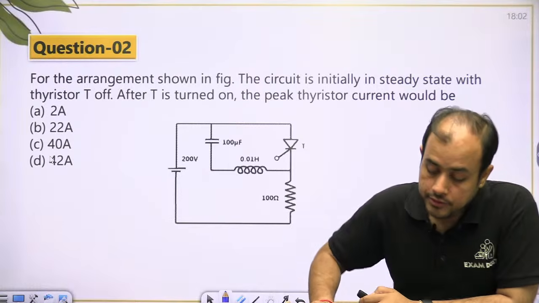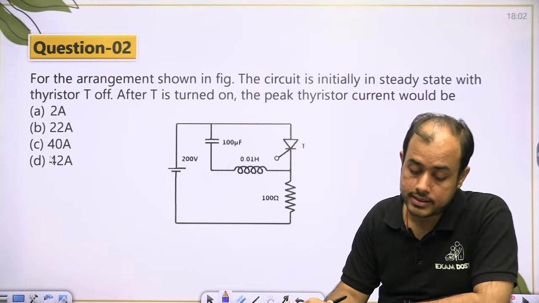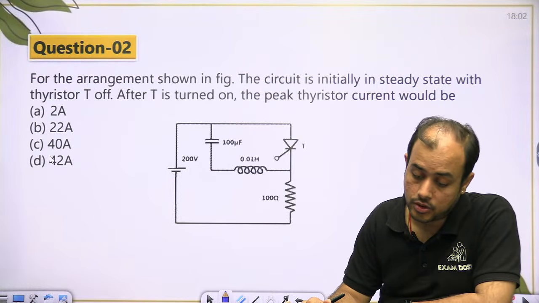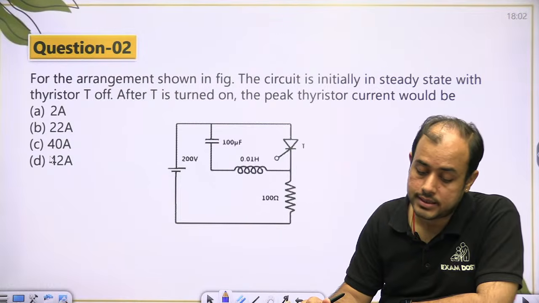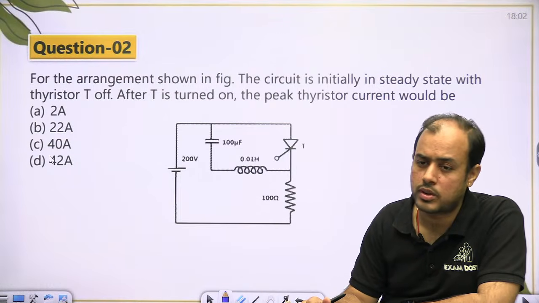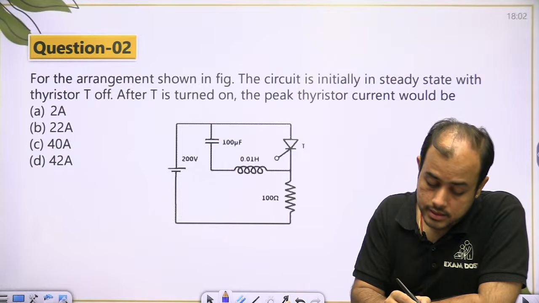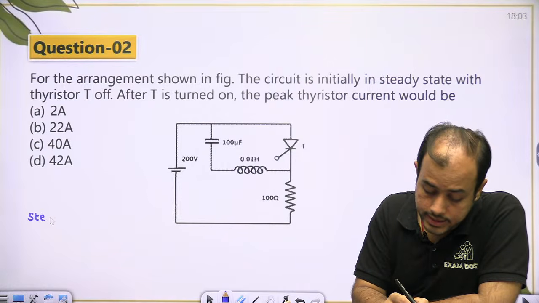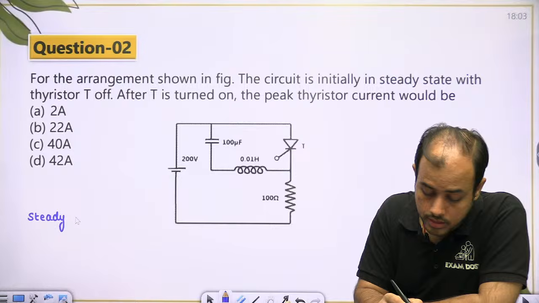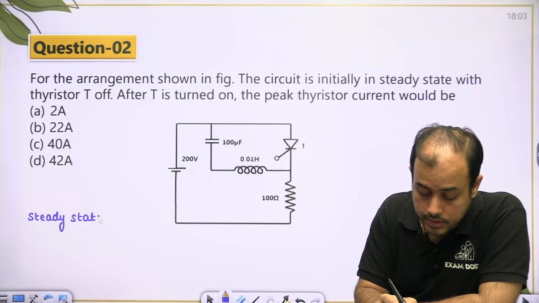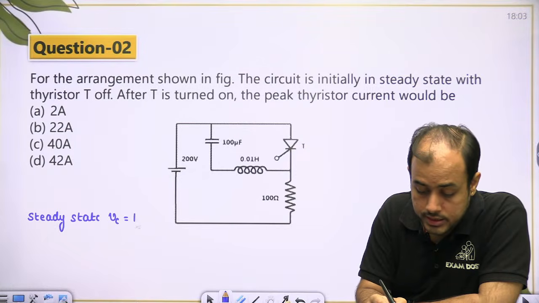Next, the circuit is in steady state with thyristor off. When the thyristor is turned on, ये वाला तो मेरे ख्याल से हम कर चुके हैं, right? So under steady state, capacitor is fully charged.